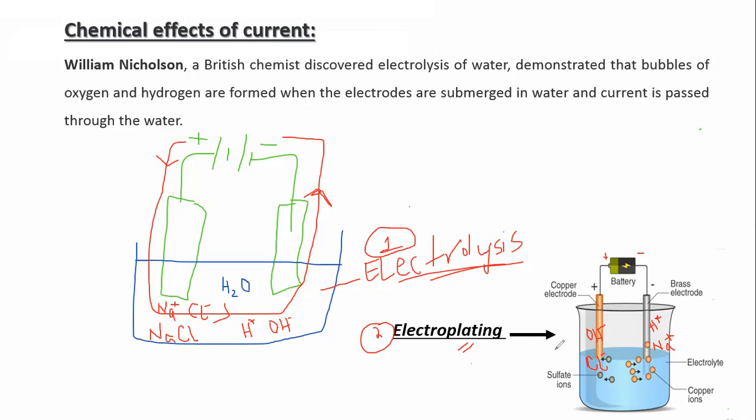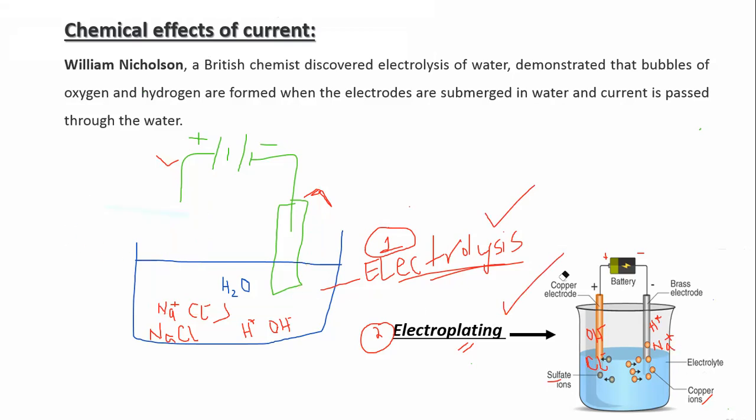So this is the deposition of sulfate ions or copper ions in case of a copper sulfate solution as written over here. The deposition of these ions on electrodes is known as electroplating. So he found the chemical effects of current, that it contributes to electrolysis and electroplating mechanisms. That was the whole experiment all about. Clear?